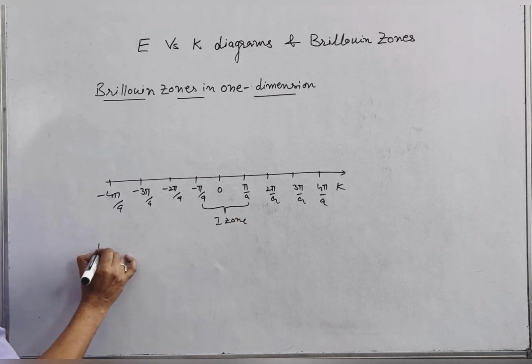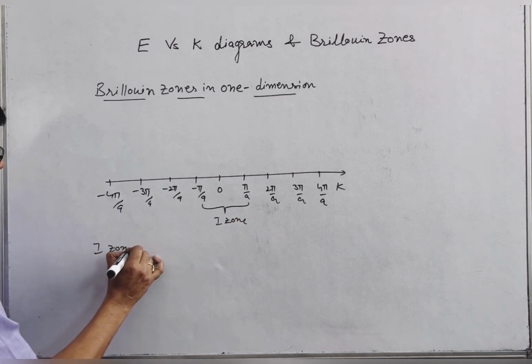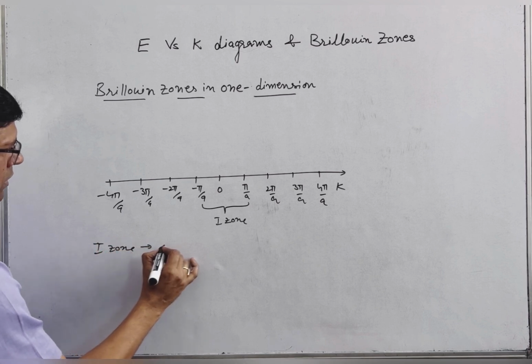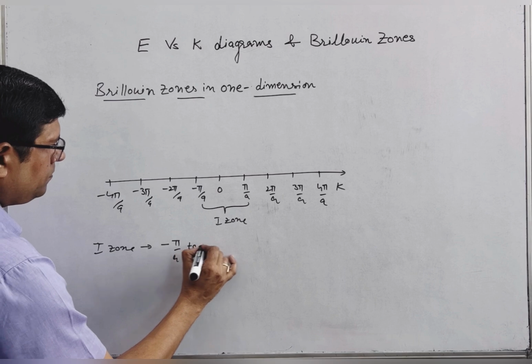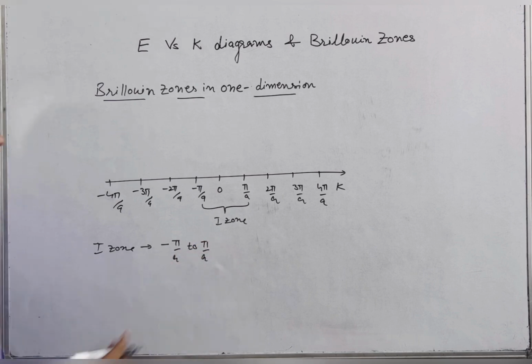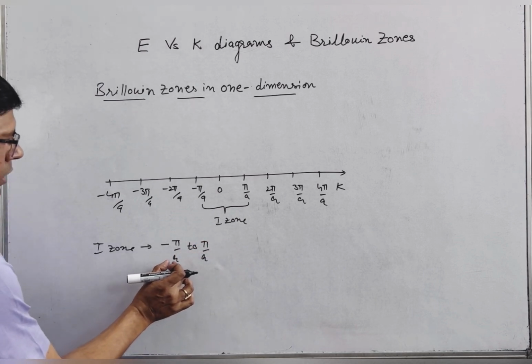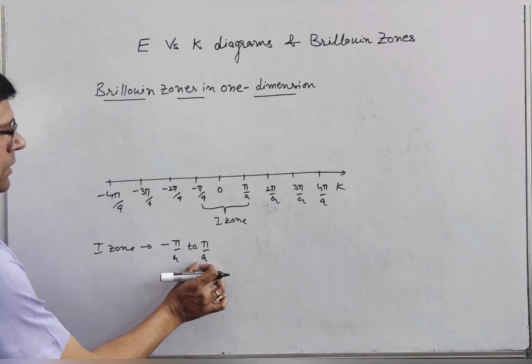So the first zone in one dimension is minus pi by a to plus pi by a, the region lying between minus pi by a to plus pi by a.